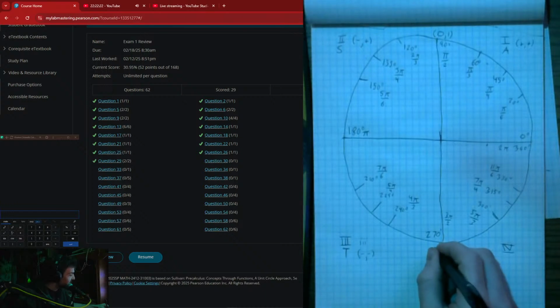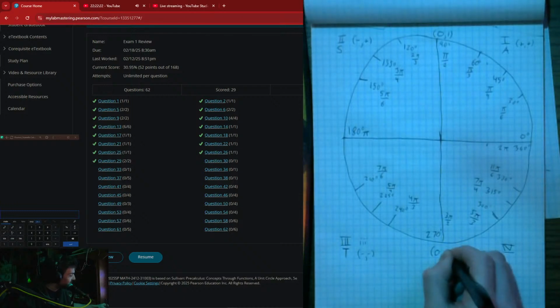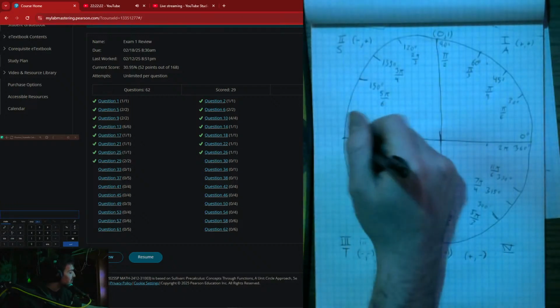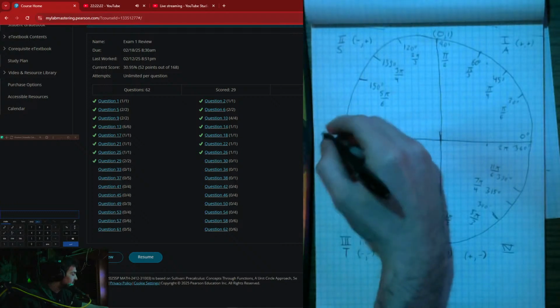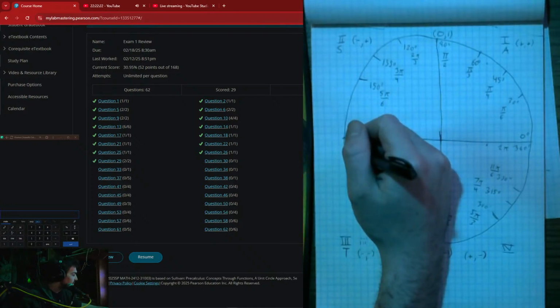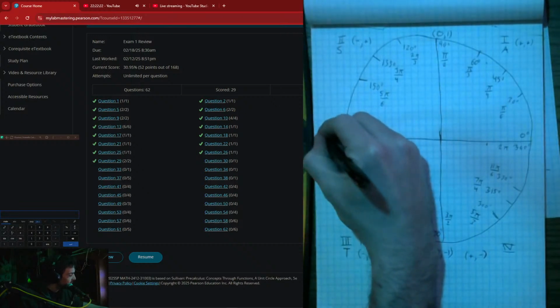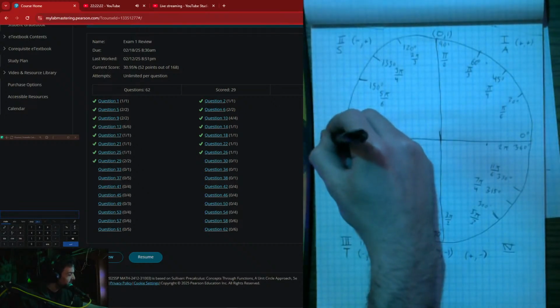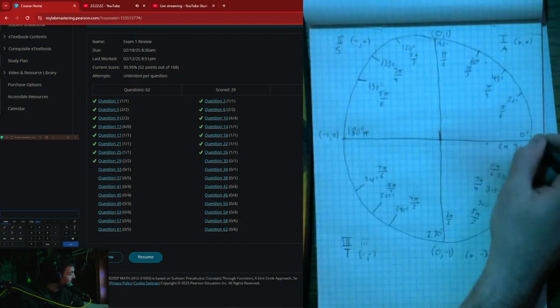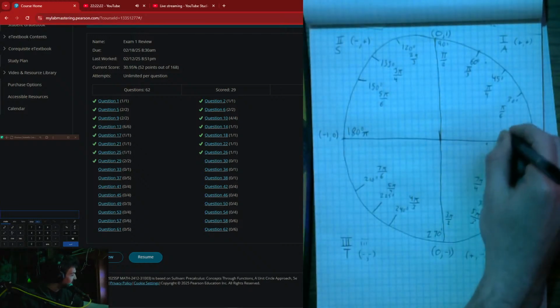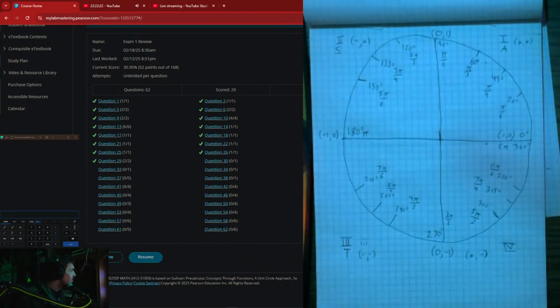The same thing for 270 degrees, except y is negative, x is 0. So 0, comma, negative 1. For 180 degrees, negative 1 x, 0 y. 0 degrees, it's 1 x, 0 y. Cool.